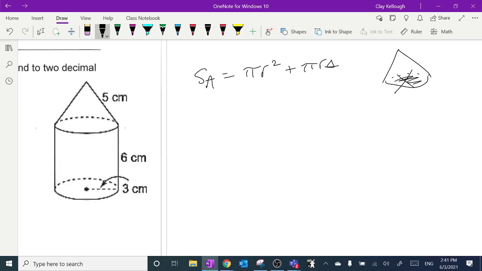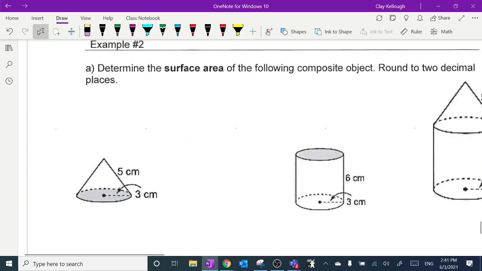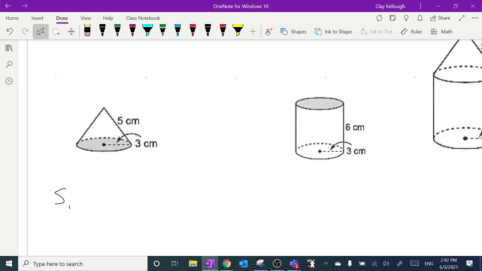Correct. Somebody in the chat just said, just don't do the pi r squared. This part here is that part of the formula. So the total surface area here is the area of this cone part, which is pi r s.